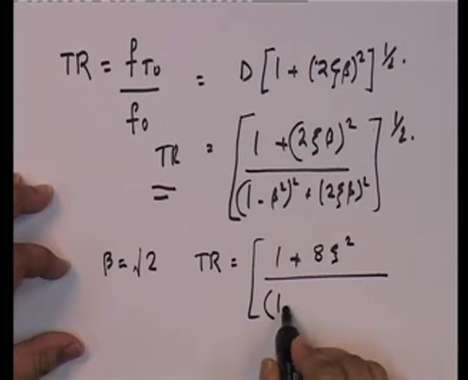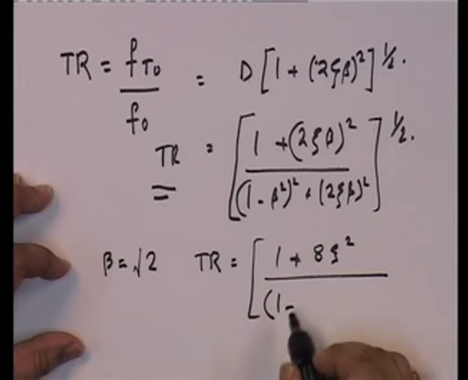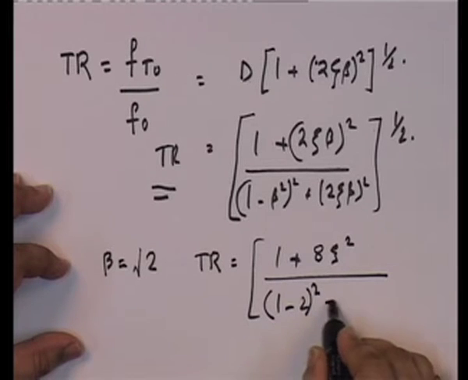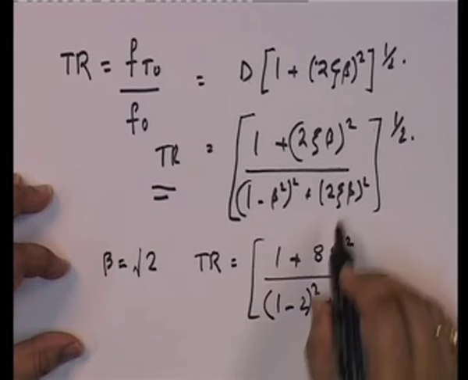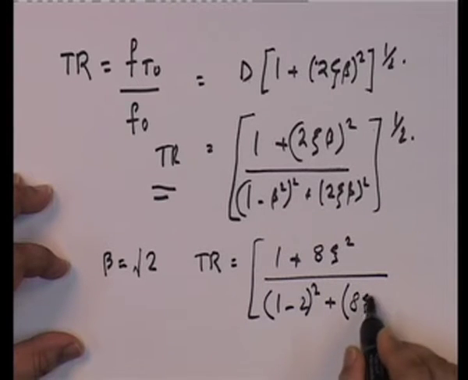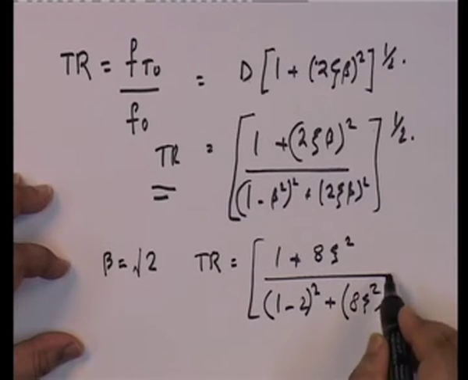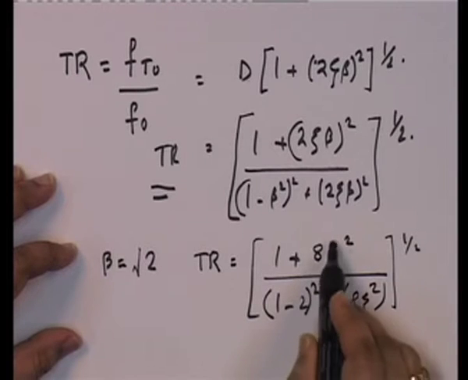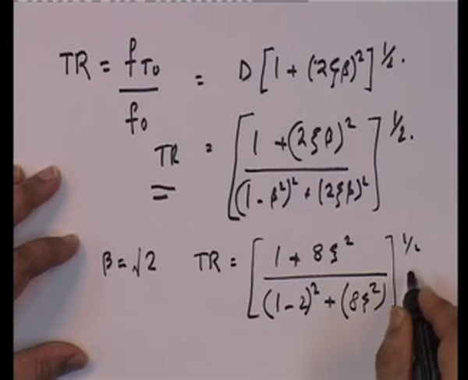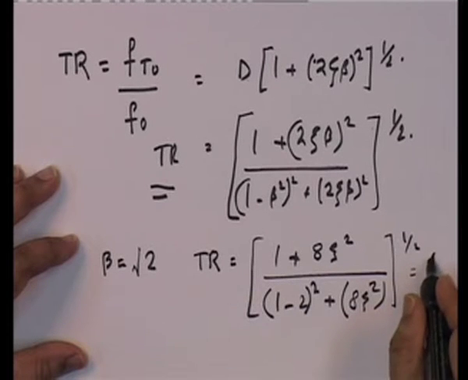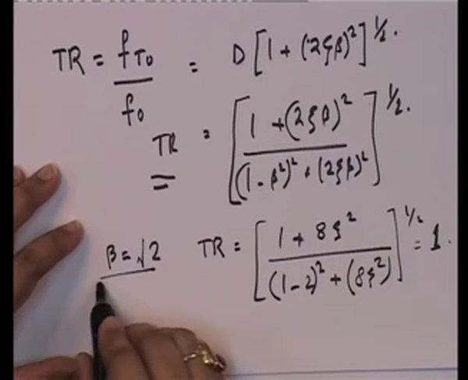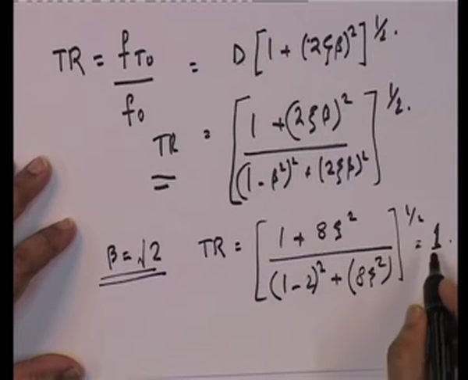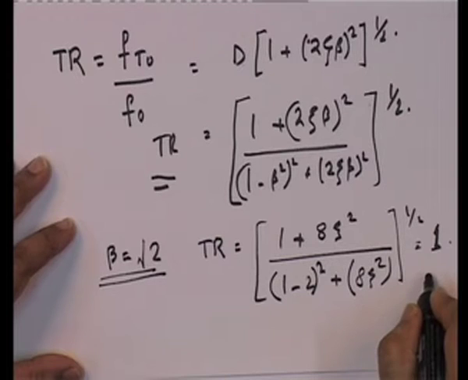At the bottom I have 1 minus root 2 the whole squared, which is 1 minus 2, equal to minus 1, and the whole thing squared becomes 1, plus this also becomes 8 xi squared, square root. So this becomes 1 plus 8 xi squared upon 1 plus 8 xi squared. So the transmissibility ratio is 1. At beta equal to root 2, the transmissibility ratio is 1 irrespective of xi.